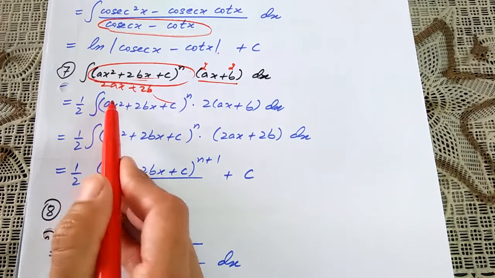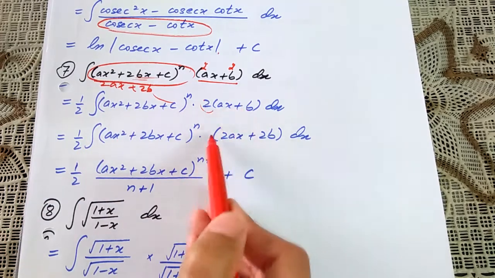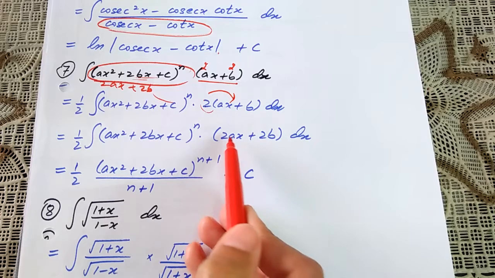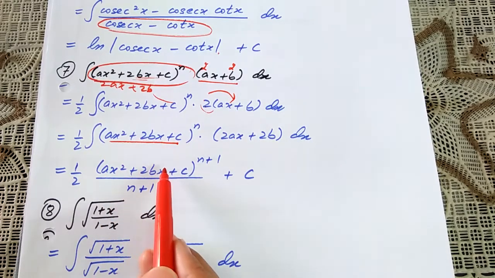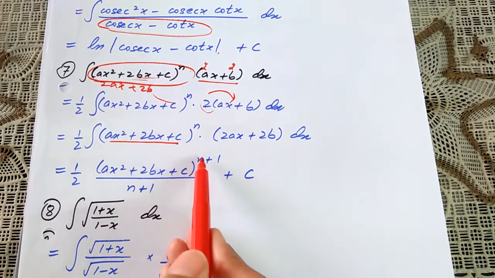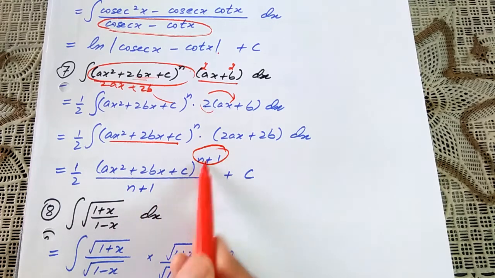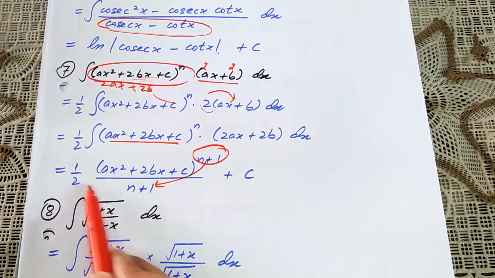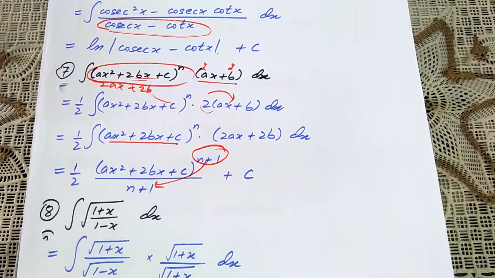This division by 2 is taken aside and we consider the multiplication by 2 inside. Now we have the derivative of this inner function, so we can easily integrate it using the power rule: power plus 1, divided by that power plus 1. So we got its integration plus the constant of integration.